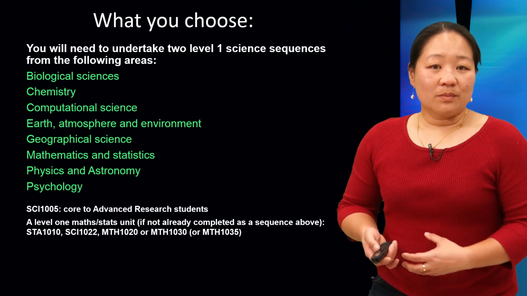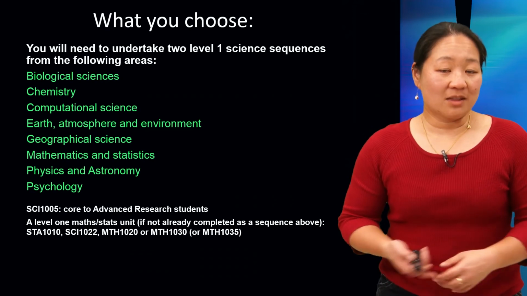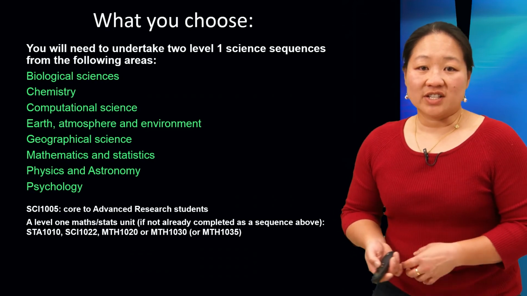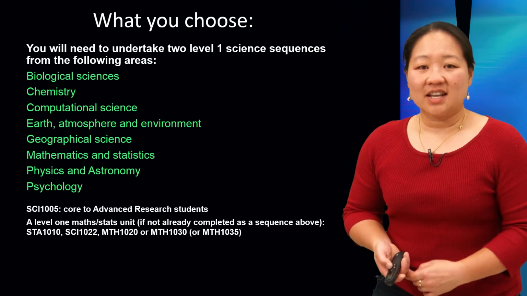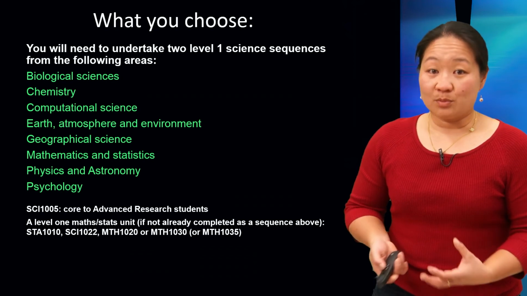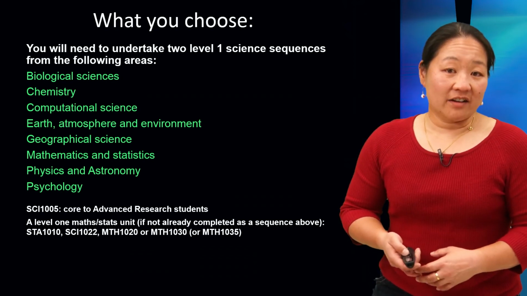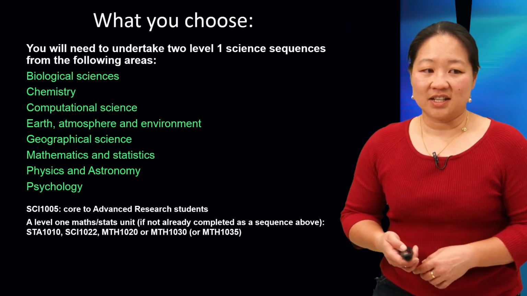For the Level 1 Maths or Stats unit, the choice of the unit will depend on your mathematics background and your interests. STA 1010, which is Statistical Methods, is normally recommended for students planning to study areas where experimental design and data analysis skills are particularly important, such as in the life sciences.